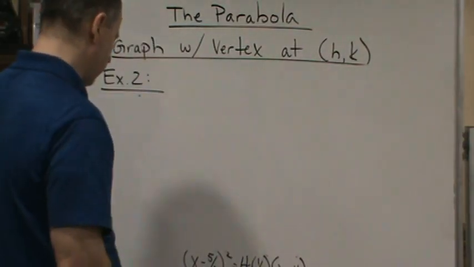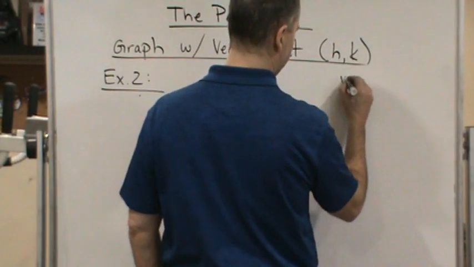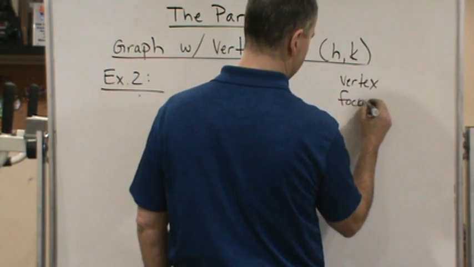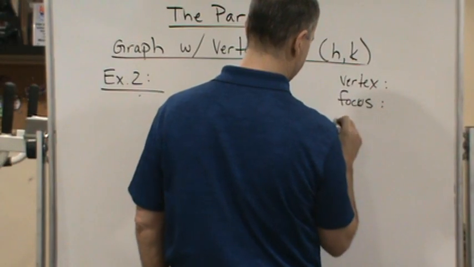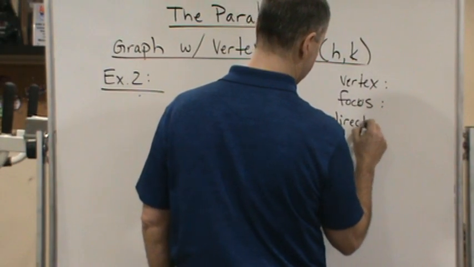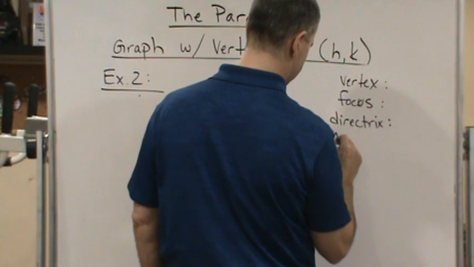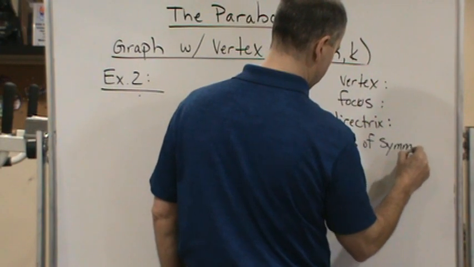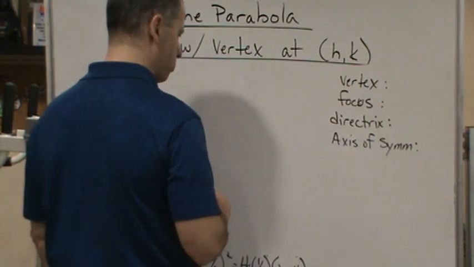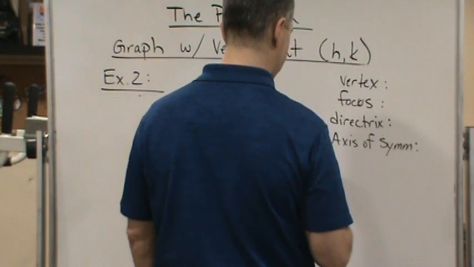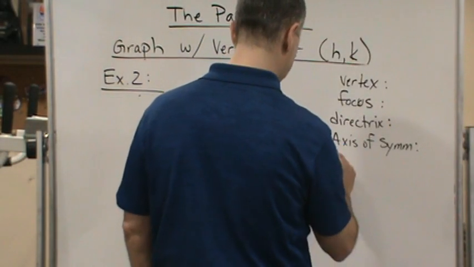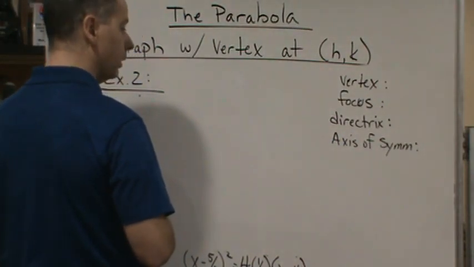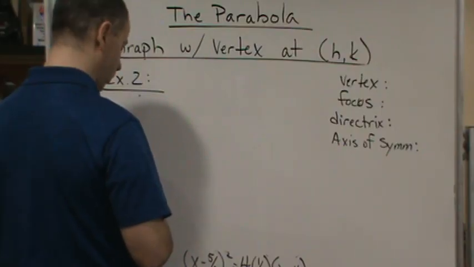And now let's write down vertex, focus, directrix, axis of symmetry, and then we'll graph it and we'll do the latus rectum and the focal diameter.